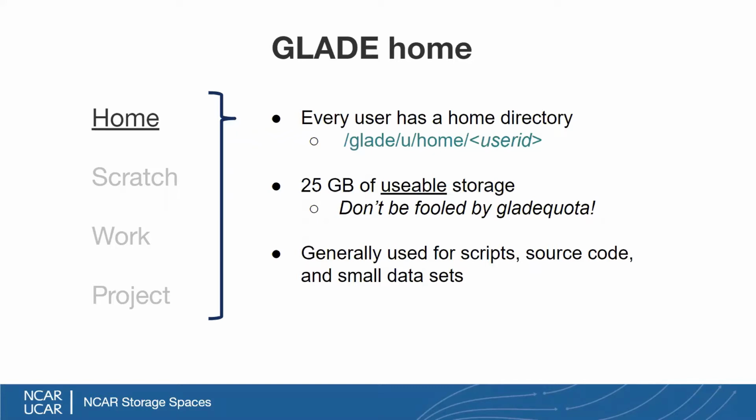Don't be fooled by the Glade quota command; I'll talk more about that later in the presentation. Home is commonly used for scripts, source code, small data sets, the kind of things that you might typically keep on your desktop or laptop.